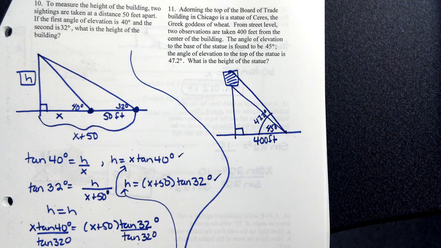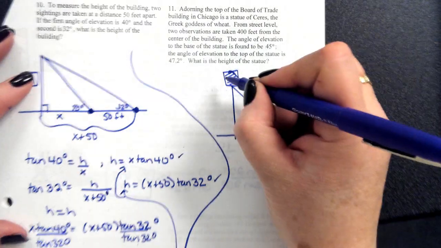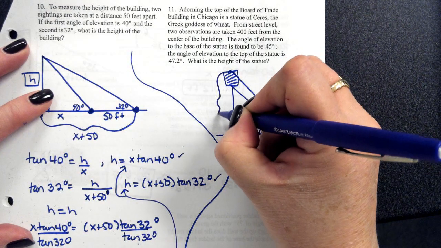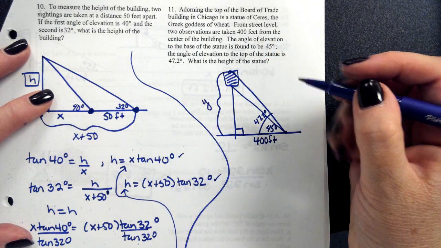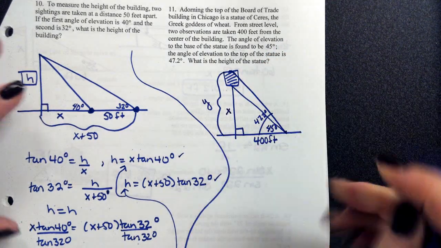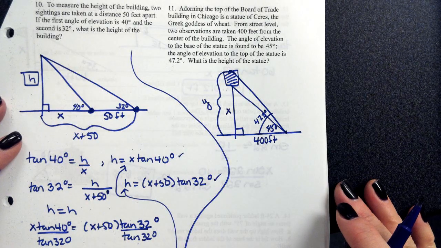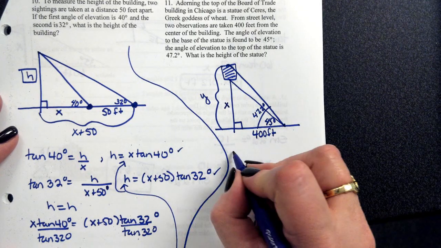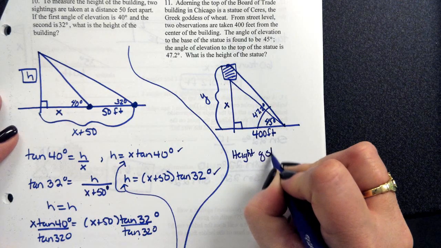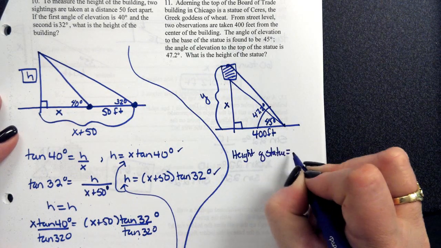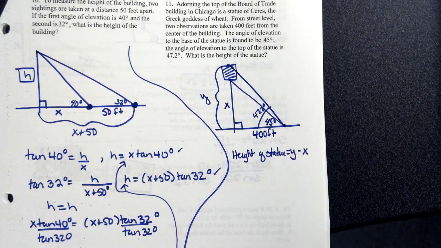I could simply subtract them. So I'm going to call this side of my triangle y, from the ground to the top of the statue, and the height of the building x. So then to calculate the height of the statue, which is what the question wants, I'm going to take y and subtract x from it.